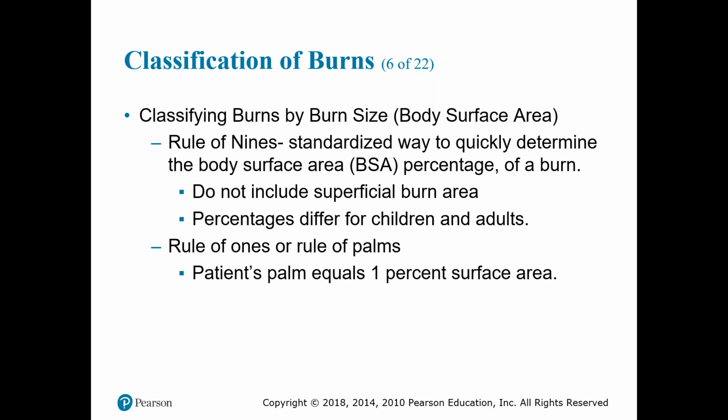But basically, when we're looking at major body surfaces, they're correlated to 9%. When we're looking at the rule of palms, the palm of the patient's hand on the body surface area is 1%. So if you can cover up that burn with the patient's palm, and it takes 4 palms, that's 4%.